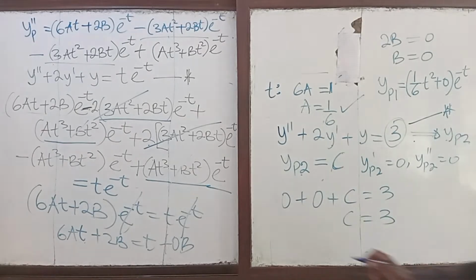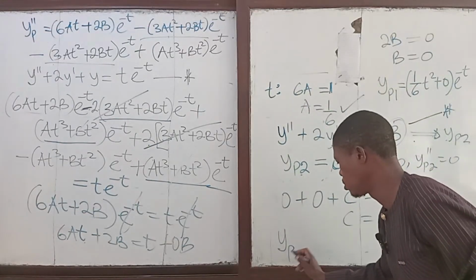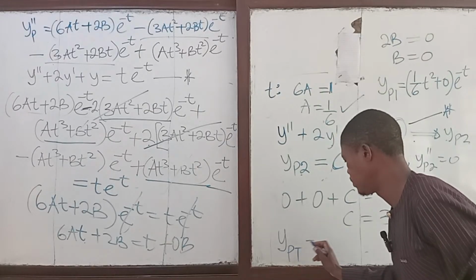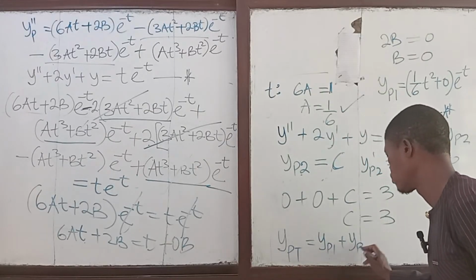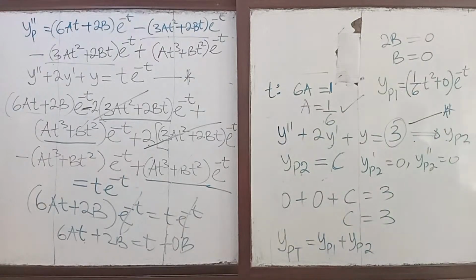Okay, so the total for the particular solution, yp total, is equal to yp1 plus yp2, and yp1 you have the value as this, plus 3. So that's your yp total.